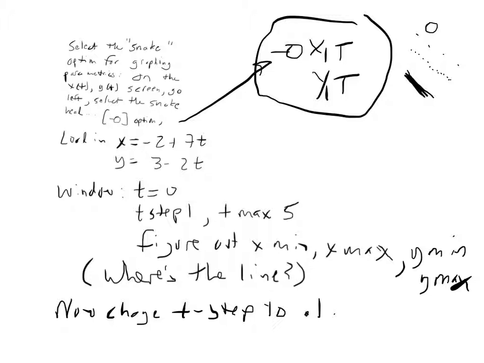So how to graph these things? Go ahead and load into your calculator -2 plus 7t and 3 minus 2t for your x1 of t and y1 of t. If you put your cursor on the equal sign on the x1 of t and keep sliding, you're going to click one to the left, and you're going to see kind of a dotted line that looks something like this.